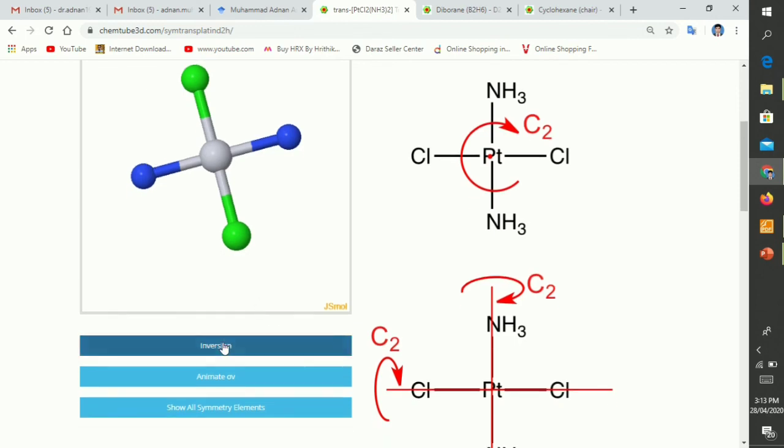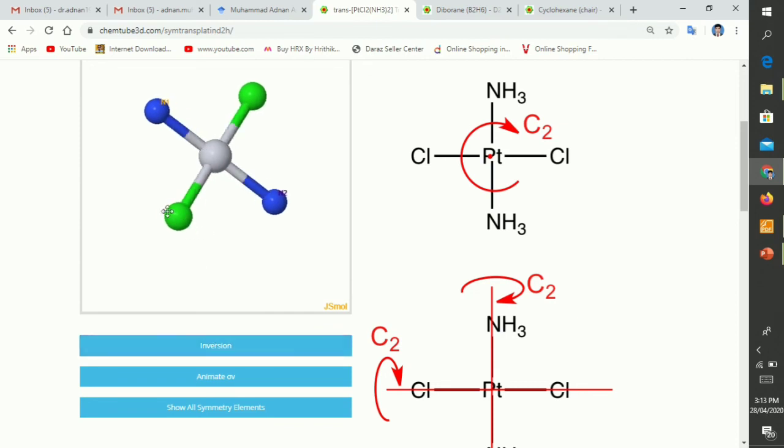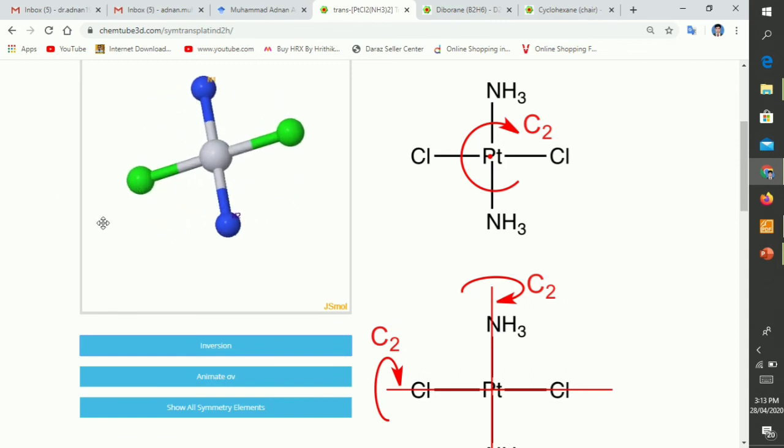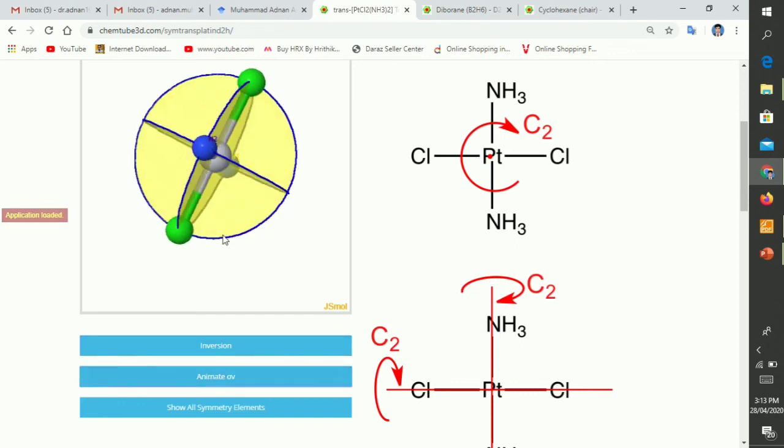So what about the inversion center? Here you can see this is the depiction of the inversion center. From here we can see it in different formats and from different angles to understand the concept of inversion center. So what about the sigma v?